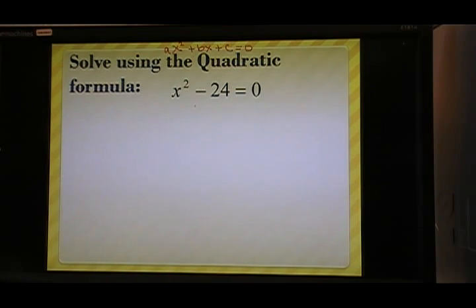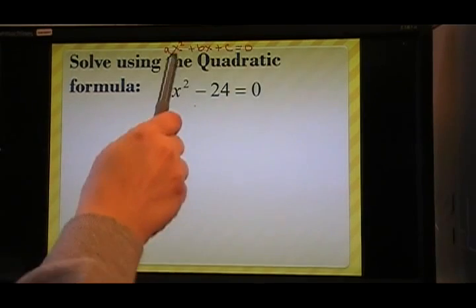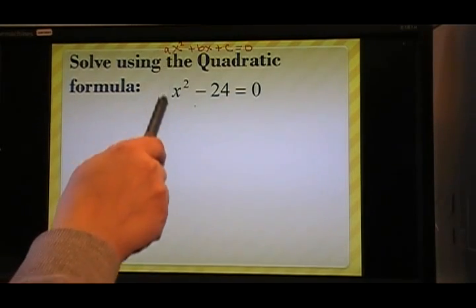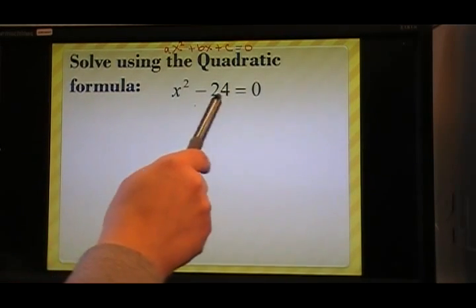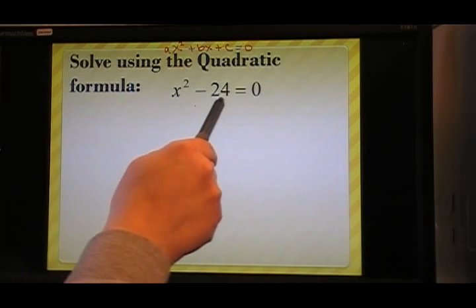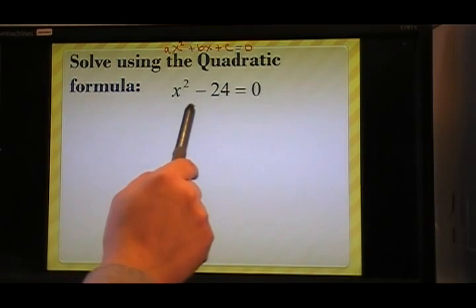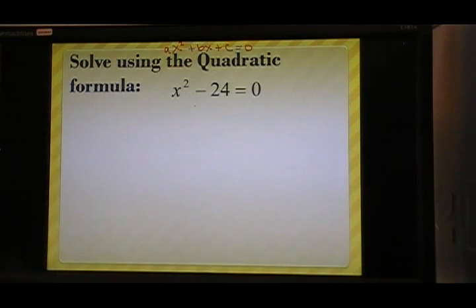We have an x squared, so the value for A will be 1. We have a constant, so C will be negative 24. Since there is no x term, the value for B is 0. So if we're solving this using the quadratic formula, we'll have to use A is 1, B is 0, and C is negative 24.